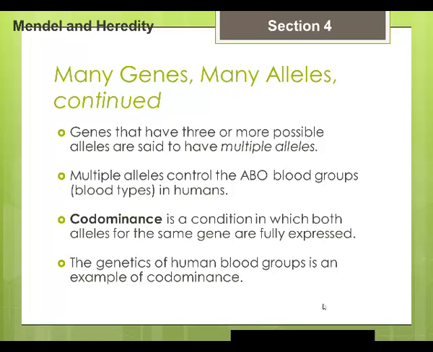Codominance is another example, and it's a condition in which both alleles for the same gene are fully expressed. So one is not dominant over the other. If you get a recessive allele and also what we'd maybe consider a dominant allele, both of them end up expressed. The genetics of human blood groups is an example of codominance.